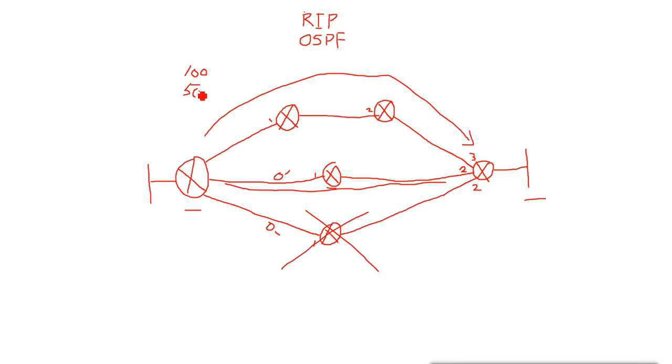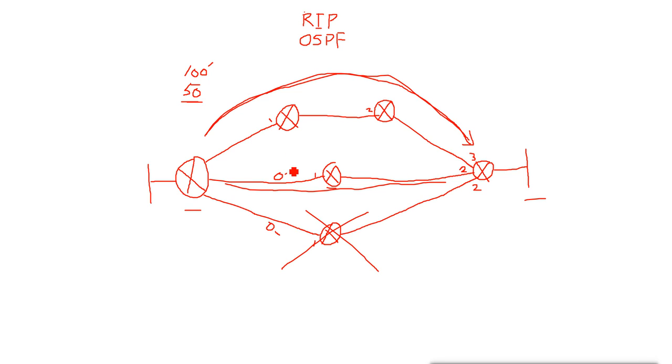This one is the faster one, so I will always go with this one. But if I want, I can also use this other link for load balancing in EIGRP. That means this is the best path, which is 50, and the other path is 100. It is double of the best one. So it can use these unequal, parallel paths.